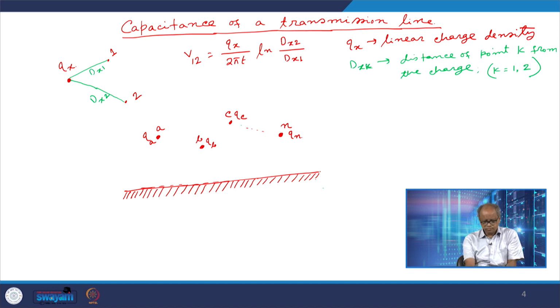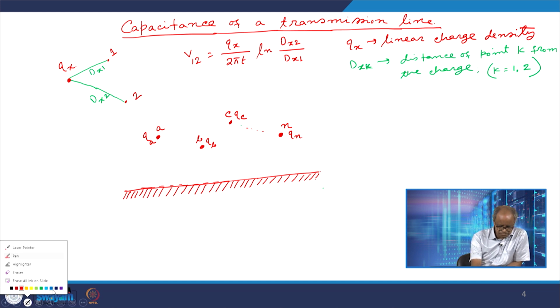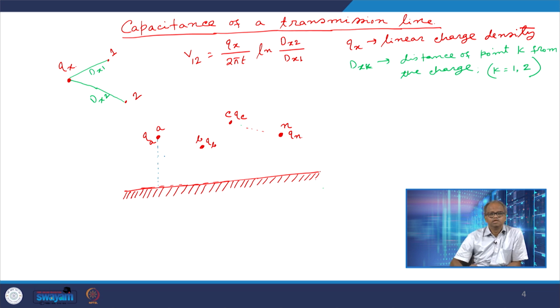And then if we are considering the image charges, they would be here. So what we do is that the current density of the image charge would be equal and opposite of the original current density. So if for conductor A the current density is QA, for the image charge it would be minus QA, and the location of this image charge would be just the location obtained by reflecting this charge with respect to the ground.